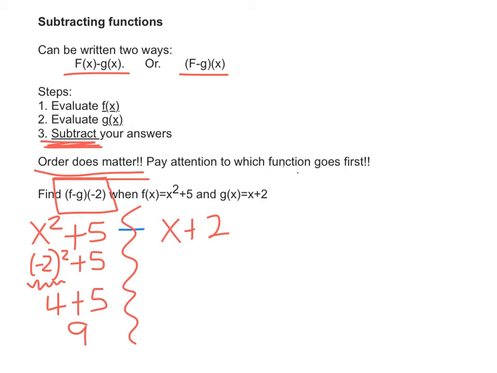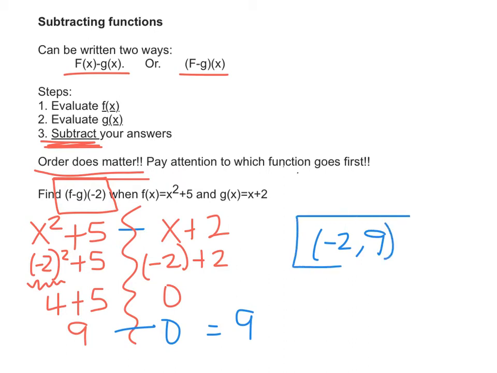For g of x, take out x and plug in negative 2. Negative 2 plus 2 is 0, so we'll get 9 minus 0 is 9. So our answer is, if we plugged in negative 2, we would have gotten 9. And that's our answer.